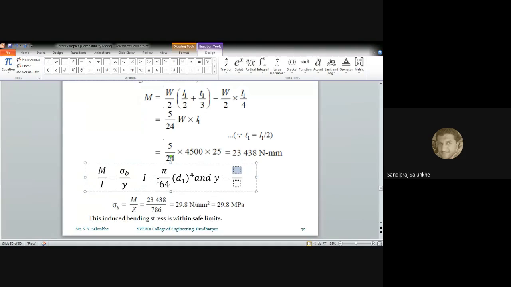First of all, you tell me what is this Z I have written, what is the nomenclature? Section modulus. How is the section modulus calculated? I by y, sir. Right, so calculate the section modulus first for the pin.